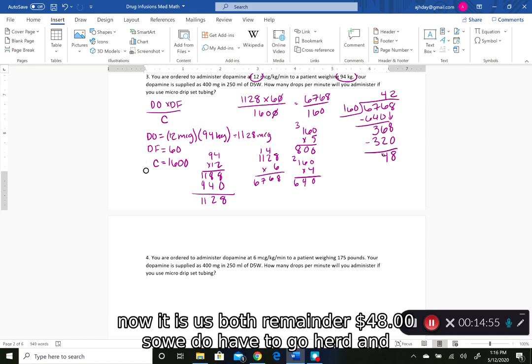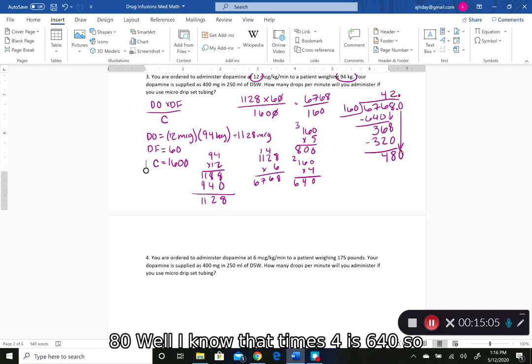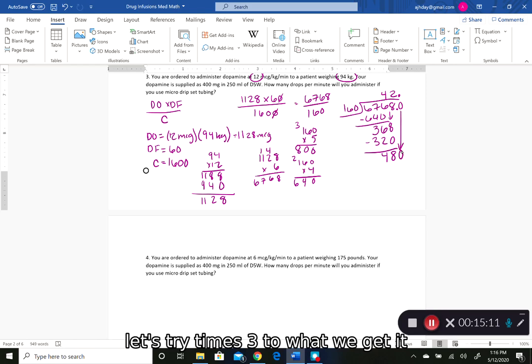And that leaves us with a remainder of 48. So we do have to go ahead and find that one decimal place. How many times does 160 go into 480? Well, I know that times 4 is 640, so let's try times 3. See what we get.